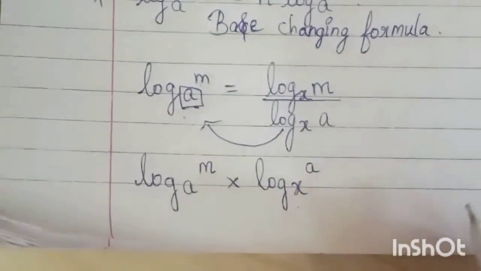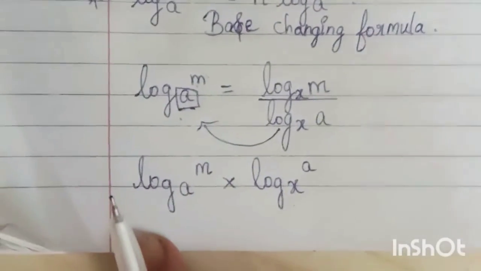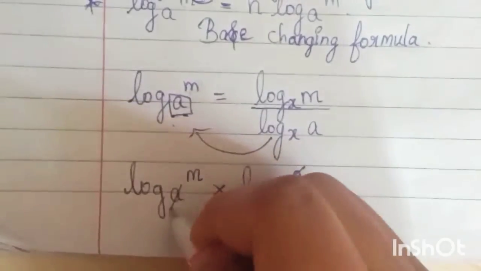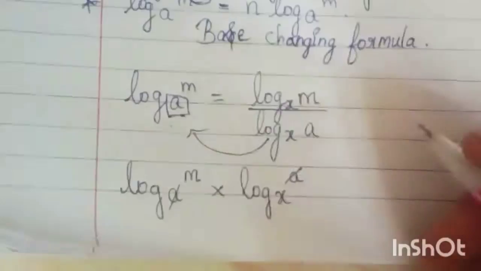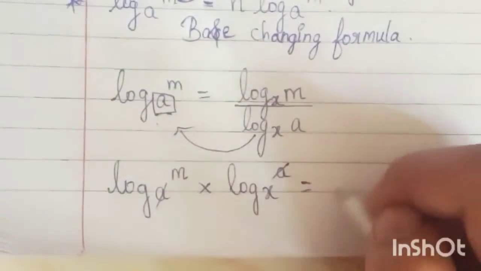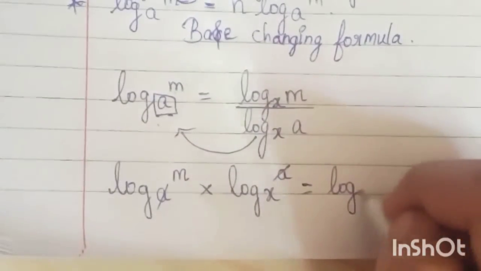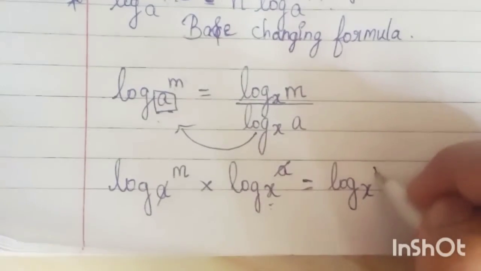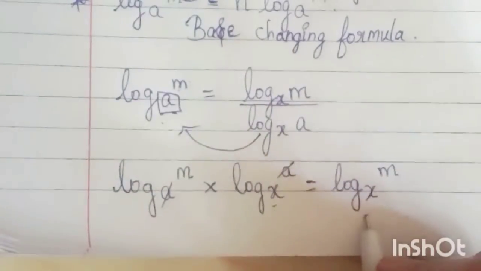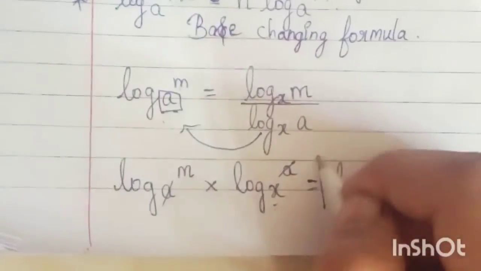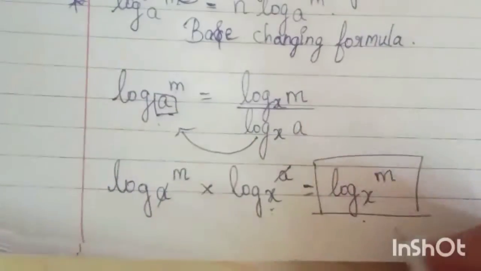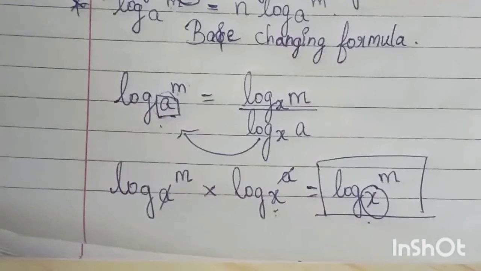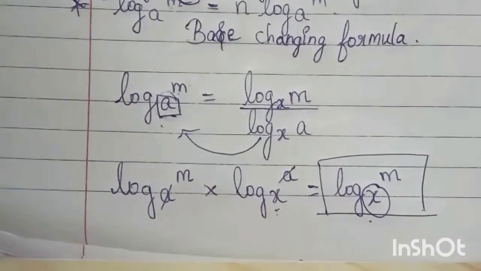So now we can cancel this a and a out. Now I get log m to the base x. I have changed the base, see here and here. That's it. This is the base changing formula.